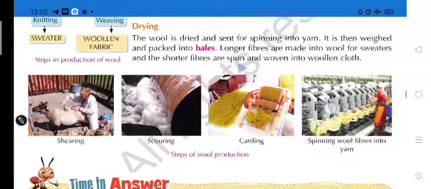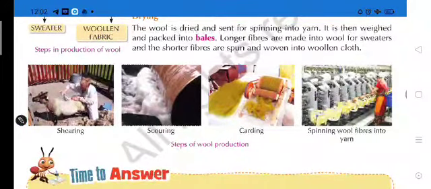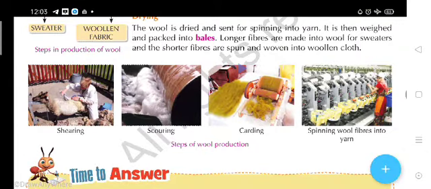See, here are the different processes. In this picture, what do we see? The shearing process, in which a person is removing the hair from the skin of a sheep. And in the scouring process, what's happening here?